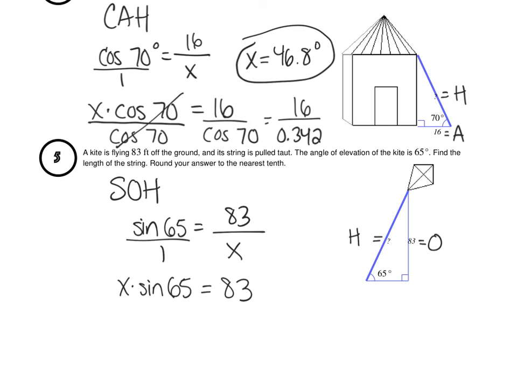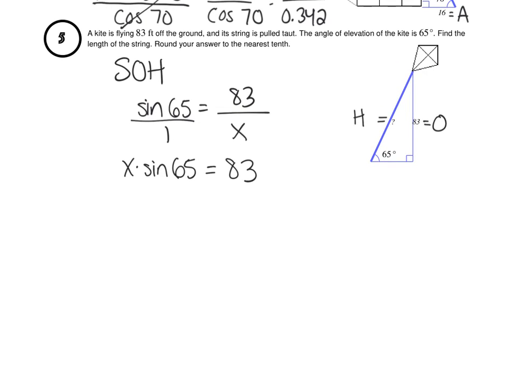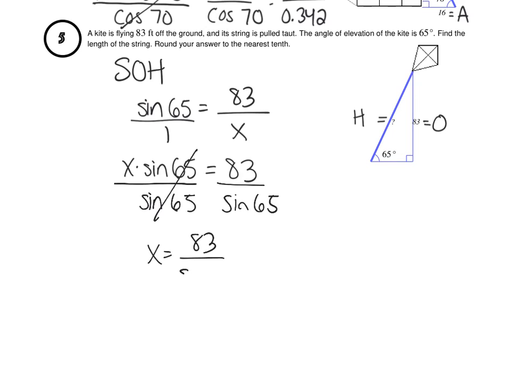Let me move down so that I have more room to write. In order to get x by itself, remember it's being multiplied by sine of 65, and the opposite of multiplying is dividing. So we divide by the sine of 65. So x is equal to 83 divided by the sine of 65. You can try to Google this, or you can estimate the bottom. In your phone calculator, type in 65 and hit sine.